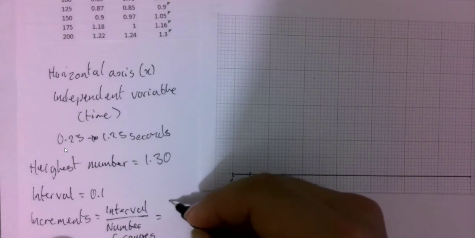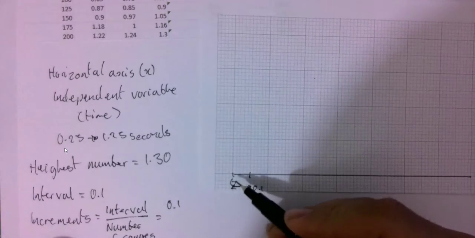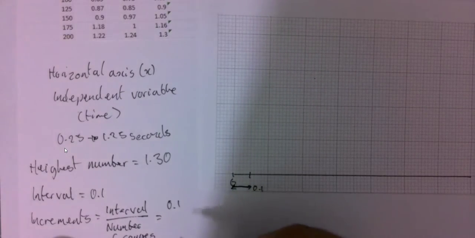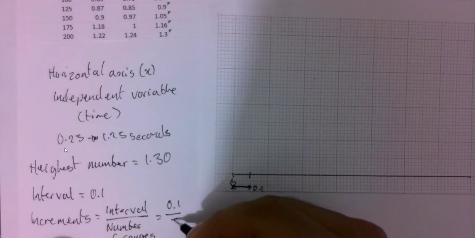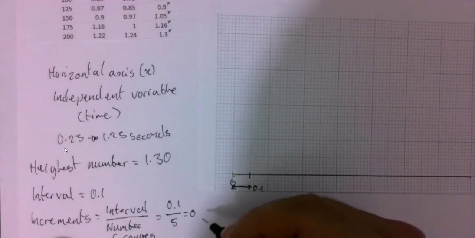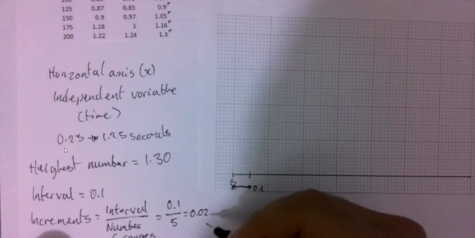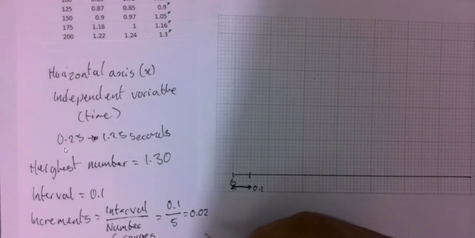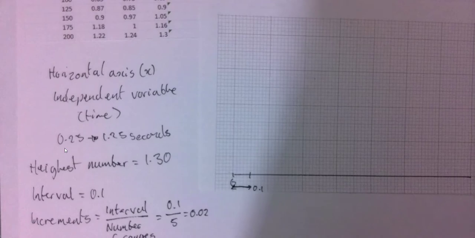Okay, so that's 0.1 divided by 5 squares. It's going to tell me that each one of those increments is going to be equal to 0.02 seconds.